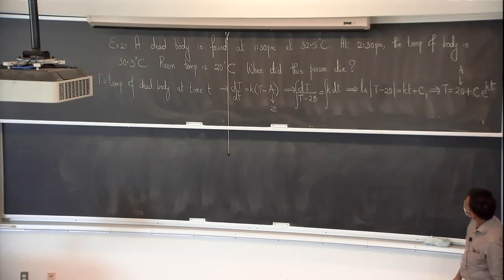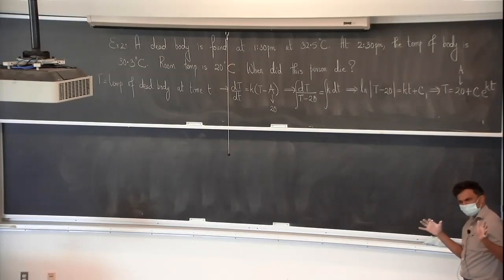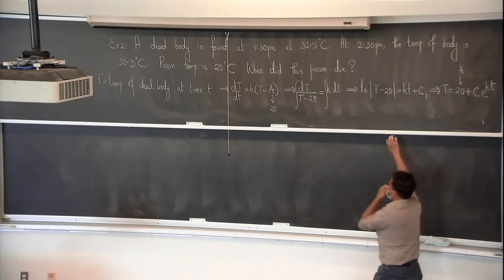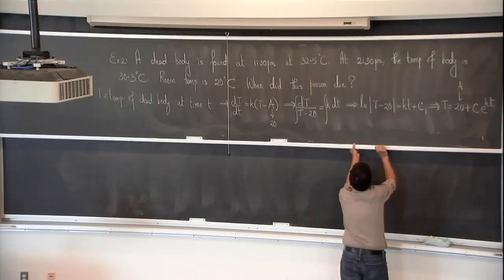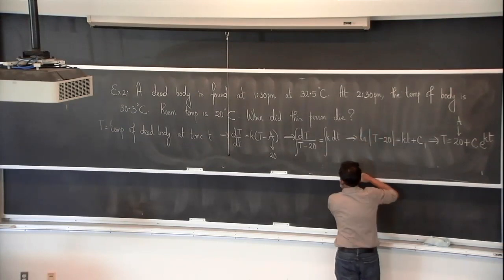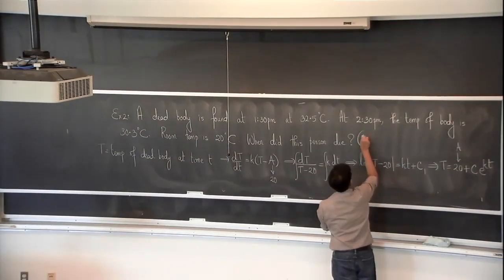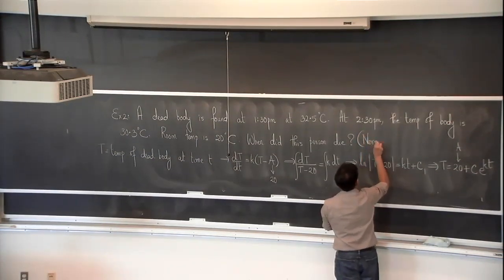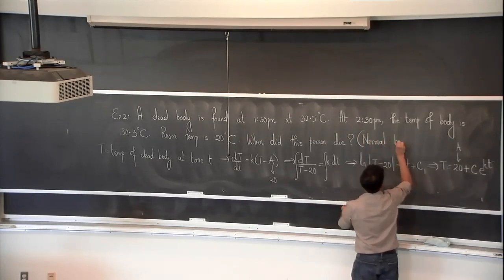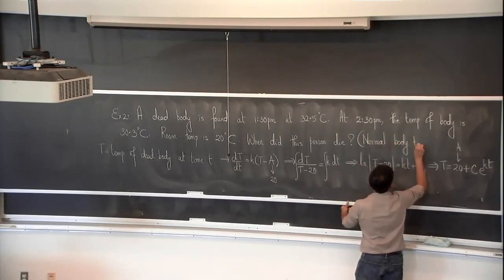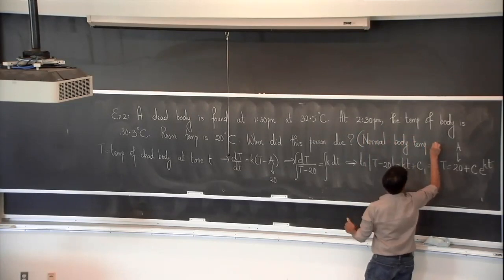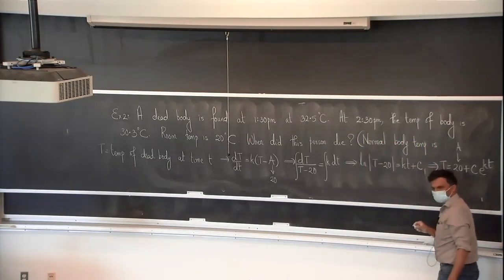So I kind of get what you're saying. What is missing here? What the normal body temperature is. Okay, so the normal body temperature is, in degrees Celsius, what is that value?